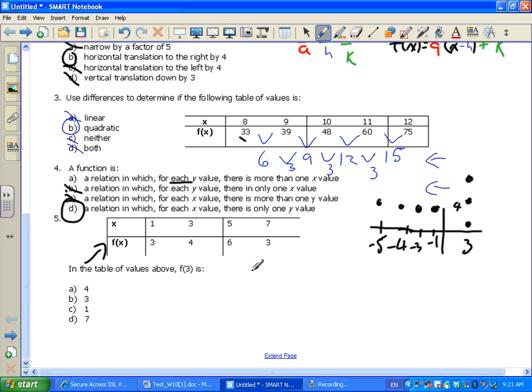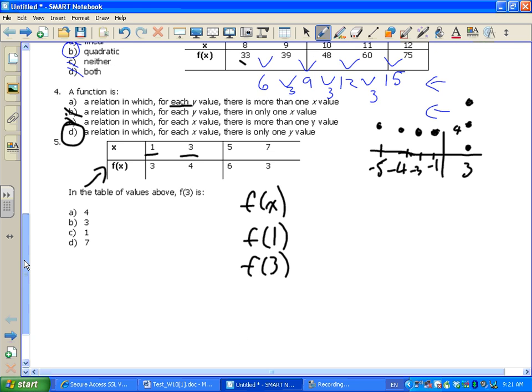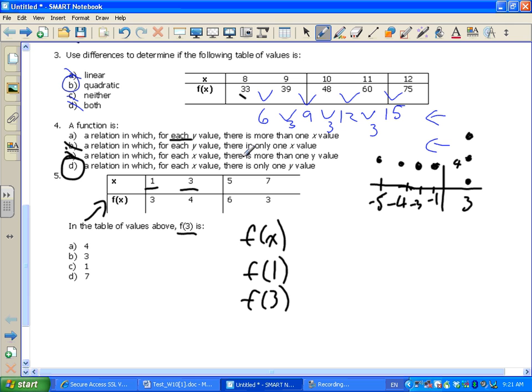Sorry, x value. So this question says function f at x. Now they haven't given us an equation, but they've given us the values. When x is 1, that would be f at 1. When x is 3, that would be f at 3. We're replacing the x value with 3. So they asked us for f at 3.